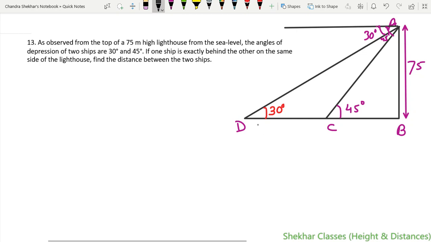So basically we have to find this length. What do we do? We will find out the length DB, and I will find out the length CB. From DB, if I subtract CB, I will get DC, which is the required length.